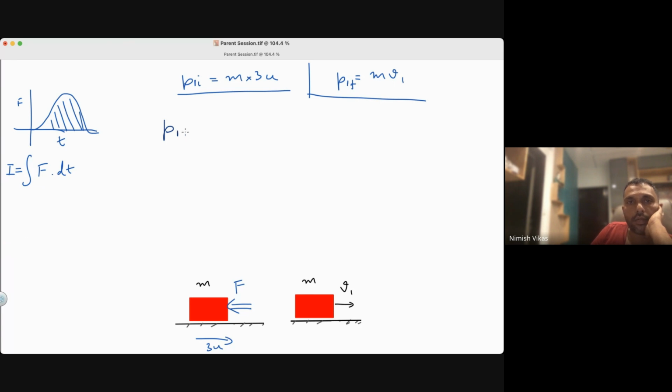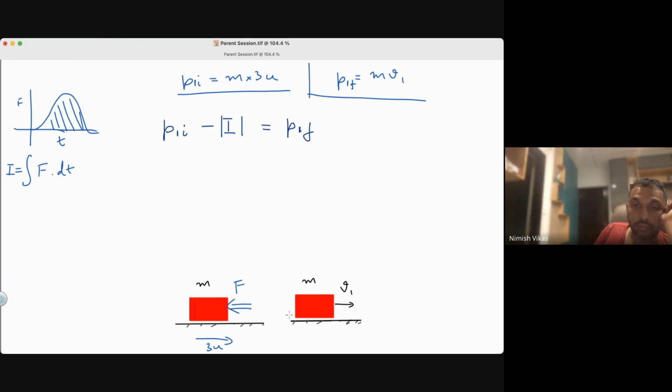This body had an initial momentum of 3mu. It got a backward impulse of I, so minus I, where I is the absolute value of I. I can write it as mod I, so that there is no confusion. The remaining is the final momentum. Is that clear?